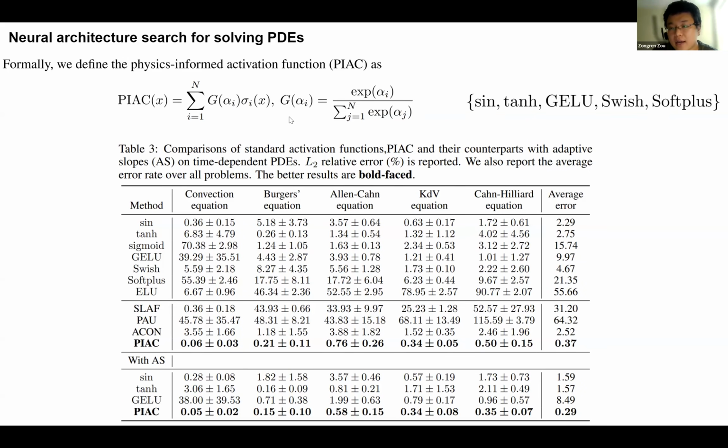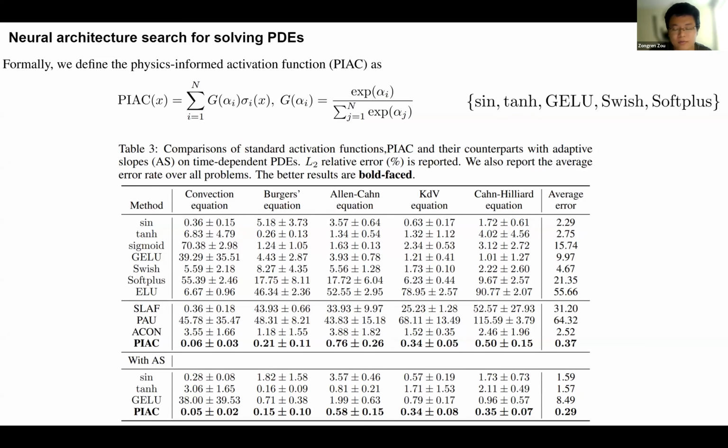It's very similar to DARTS. It's very similar to NAS-PINN. So it's a weighted sum of different candidates, a weighted sum of all possible activation functions. For the experiments, they used these 5 candidates: sine, hyperbolic tangent, GeLU, swish, and softplus. They didn't really search for the best activation function, they used the weighted sum.